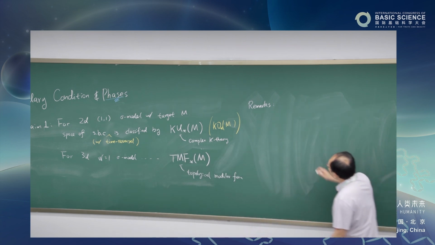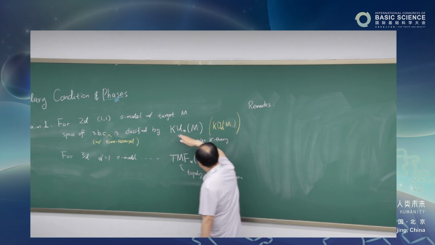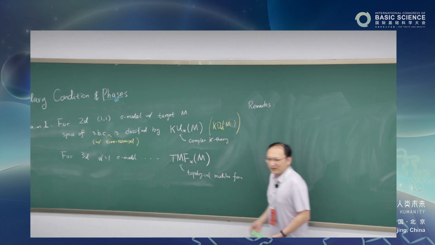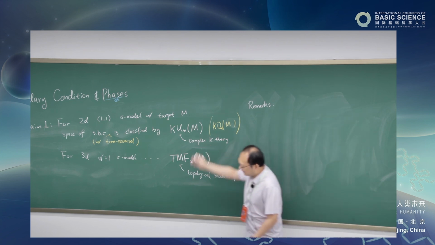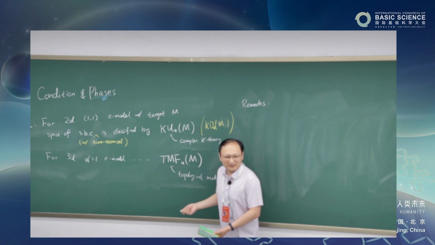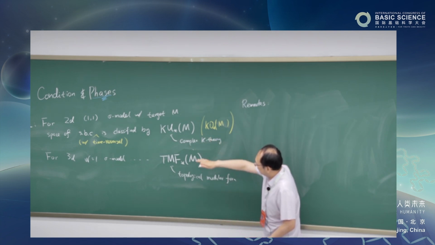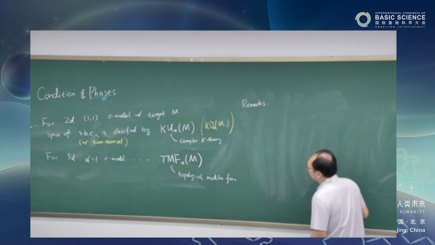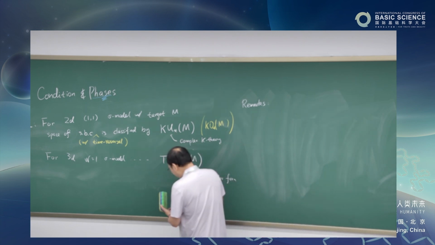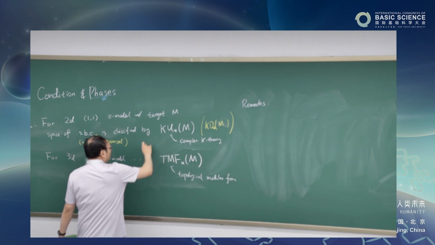So one remark is that these groups are abelian groups, right? For KU, at the point, it's basically Z, 0, Z, 0. But the statement can actually be upgraded into spaces.